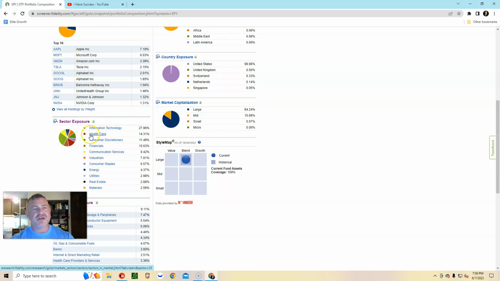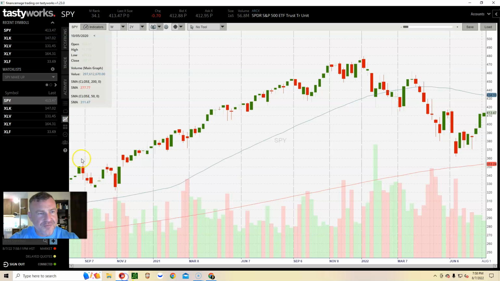Okay, I want a healthcare ETF. I want a financial ETF, and you can start putting together a little package that will allow you to get an idea of what the different sectors that heavily comprise the S&P 500 are doing. If we're looking at 30-40% of the S&P 500 via these ETFs, then we have an idea of what the S&P 500 is going to do. And when we have an idea of that, then we have an idea of what weight to put on our individual stock.